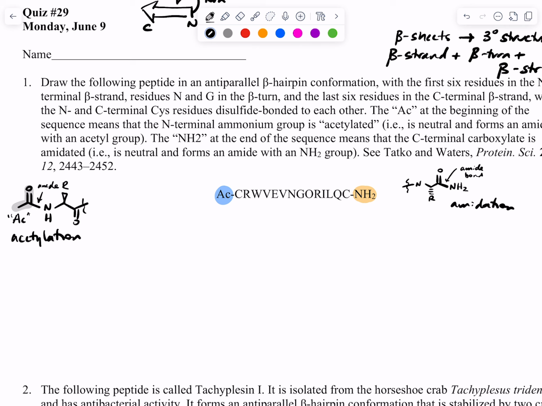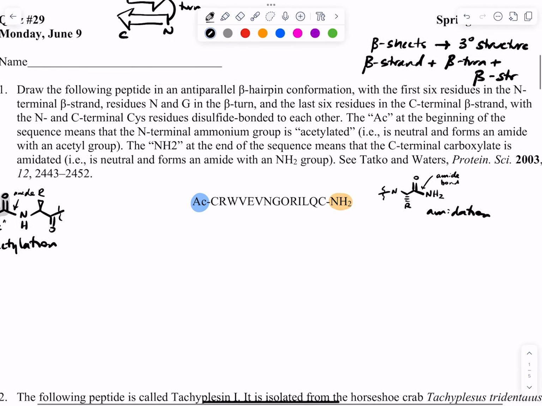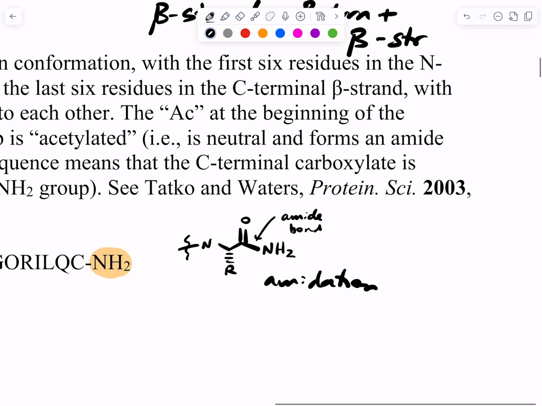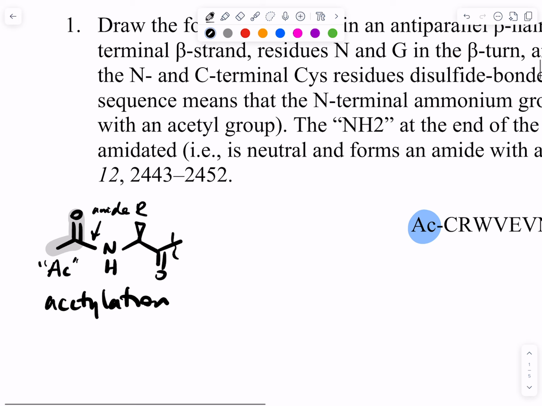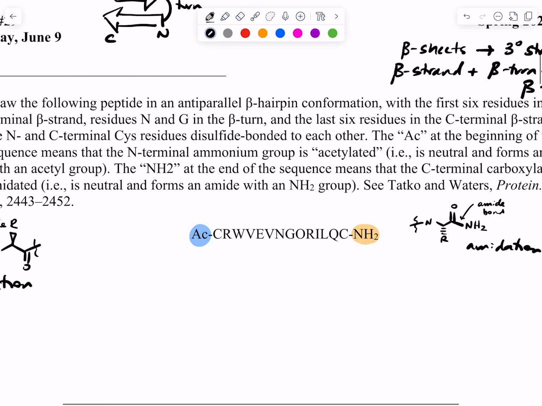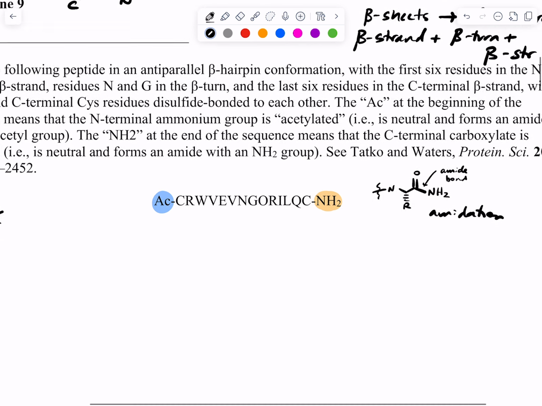And they make the N-terminal group and the C-terminal group both neutral. You can see for the C-terminal amide, there's no negative charge. And for the N-terminal acetyl group, there's also no negative charge. This is something you do sometimes synthetically to peptides when you don't want there to be charges at the end groups. That's not terribly significant. Since we're going to be drawing the molecule, you need to follow along.